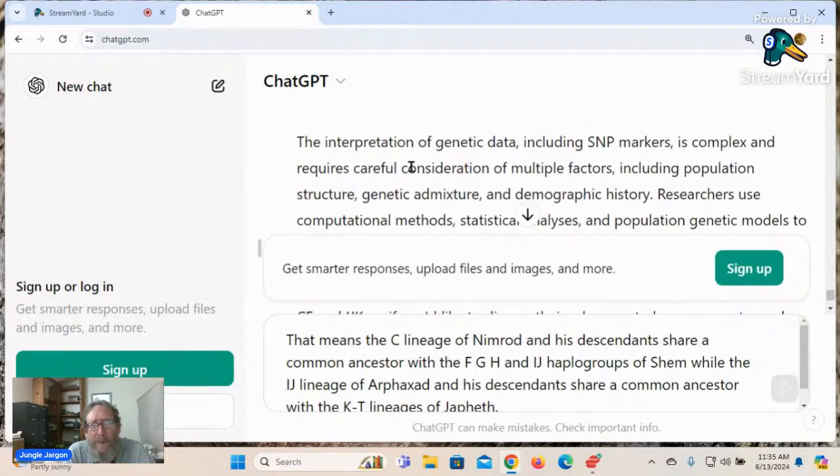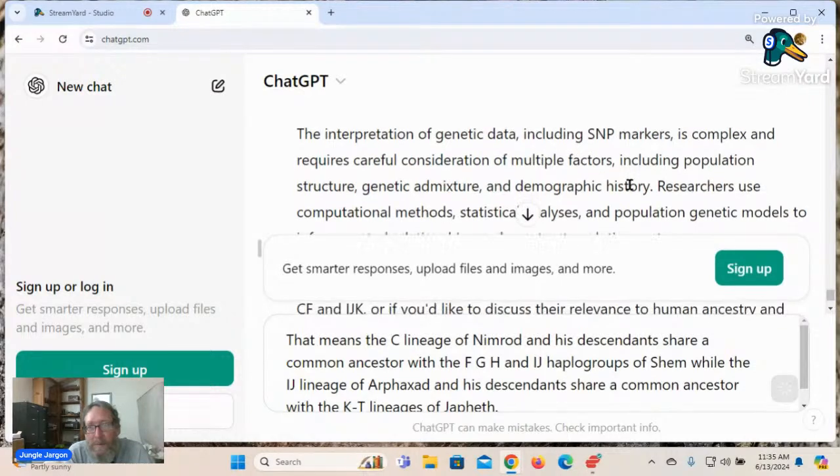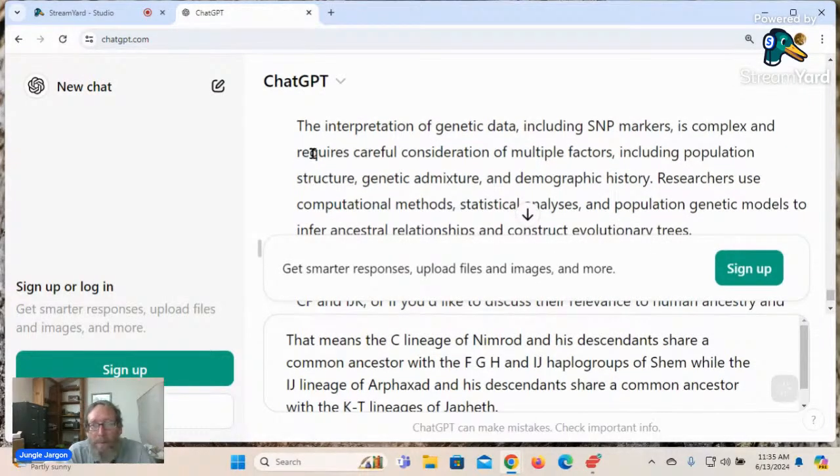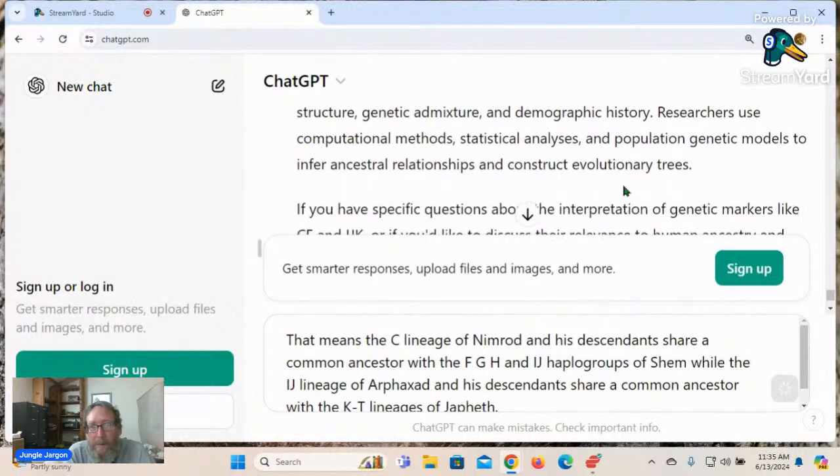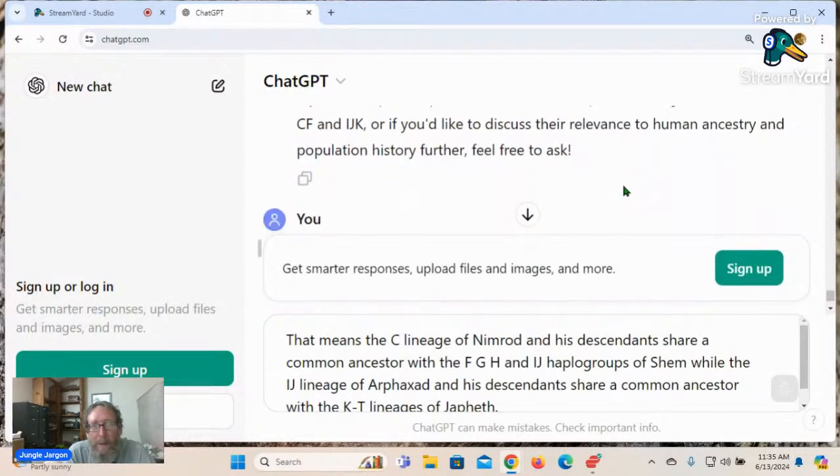The interpretation of genetic data, including SNP markers, is complex, and it's not complete. These are incomplete. There are only certain markers that help support what they want to use to support their out of Africa belief. It requires careful consideration, multiple factors, and analysis.